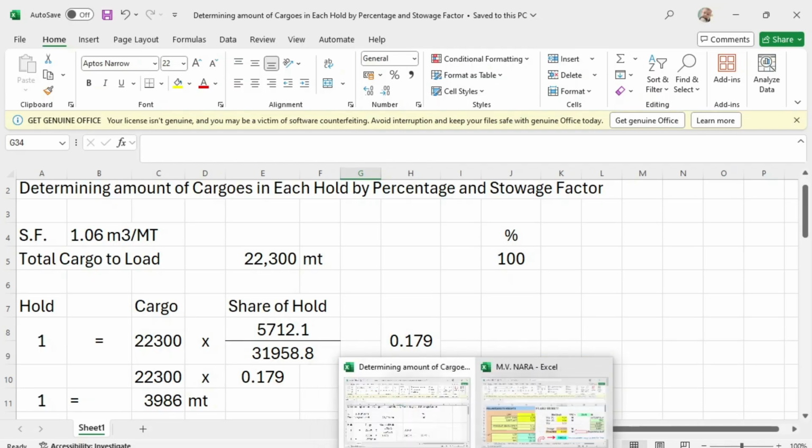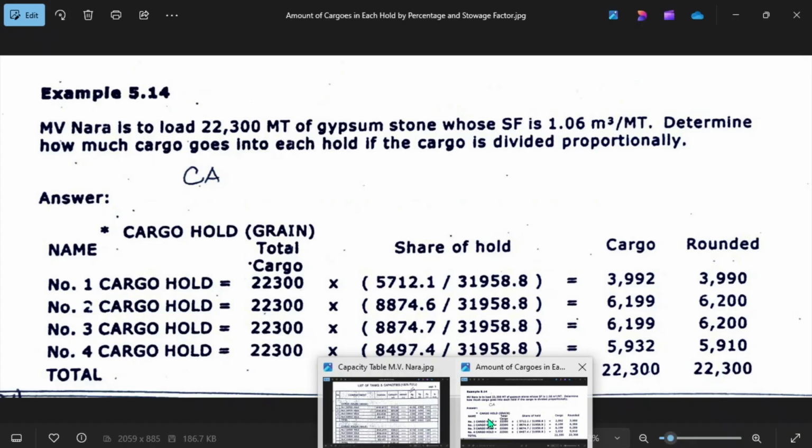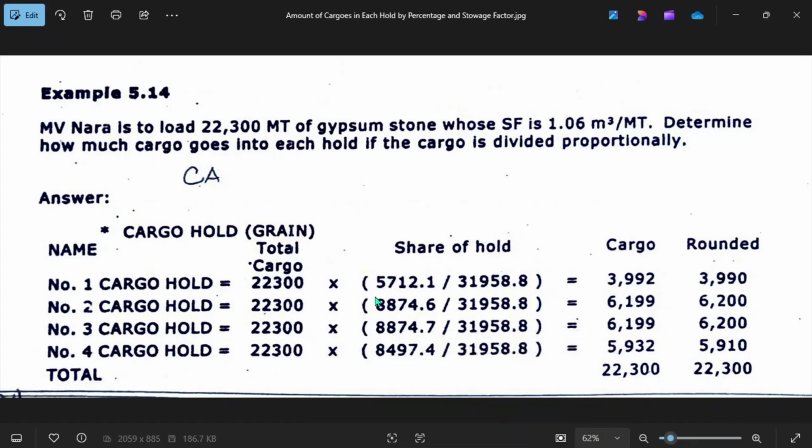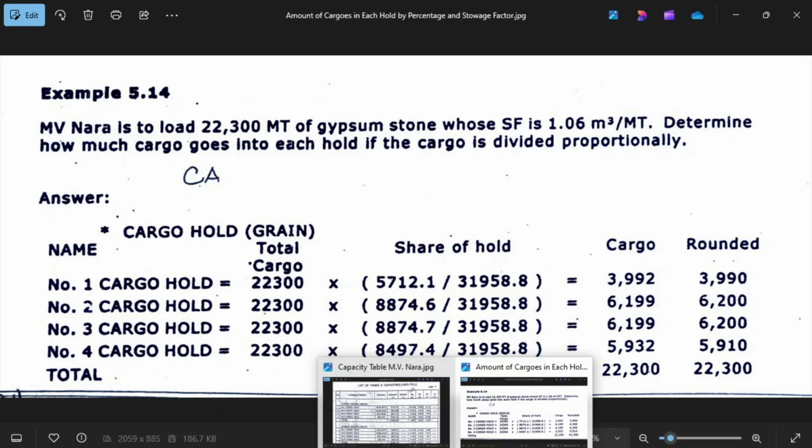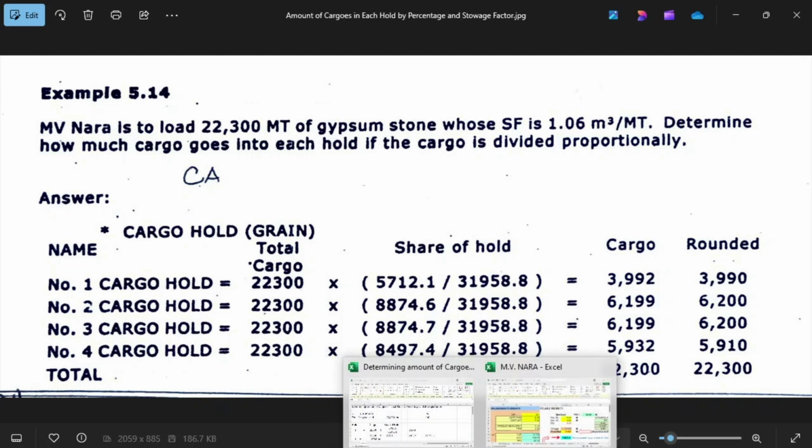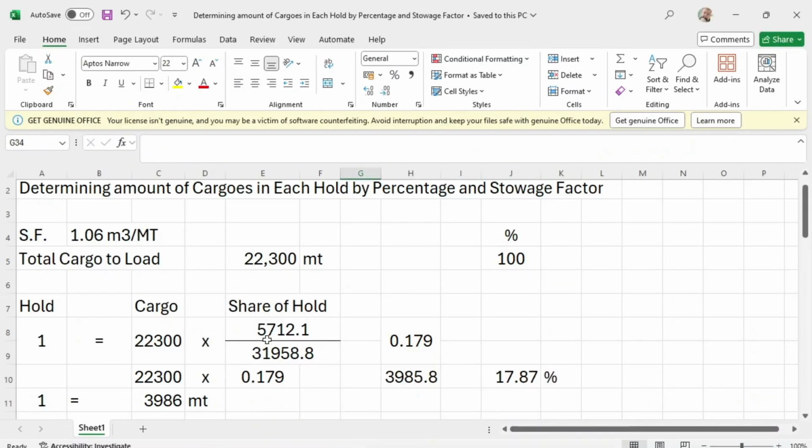Hold number 1, you have 5712.1 divided by the total capacity of 31958.8. So this is capacity number 1, you divide it with the total capacity. This is the percentage. Okay.